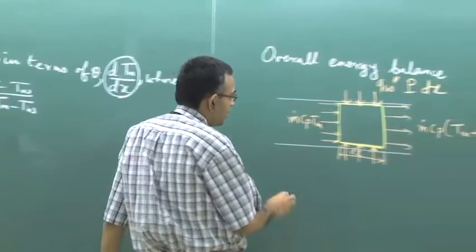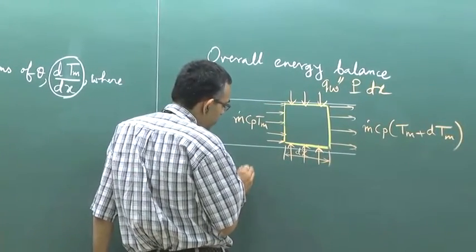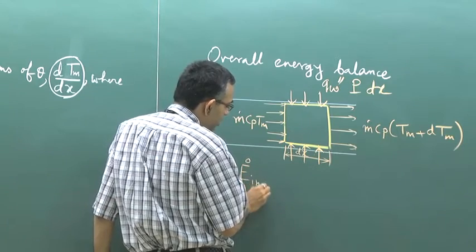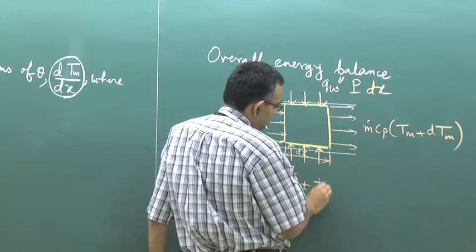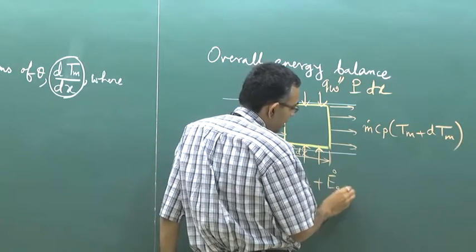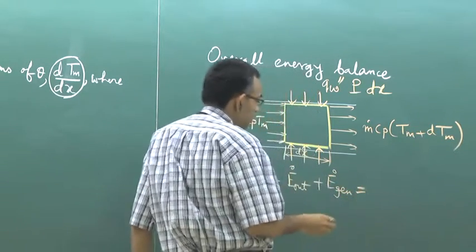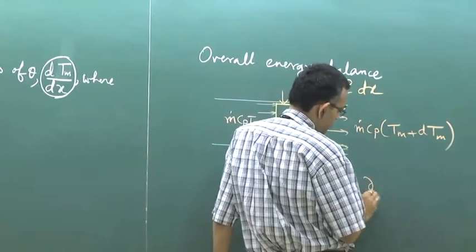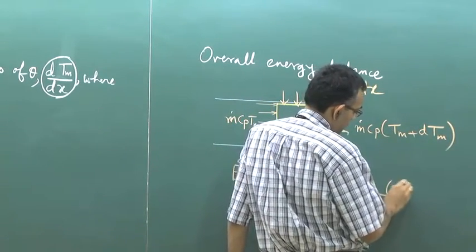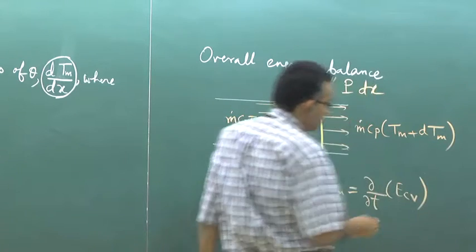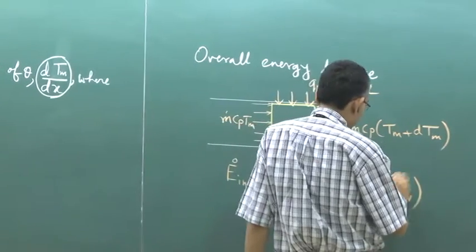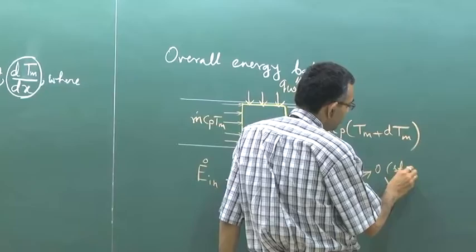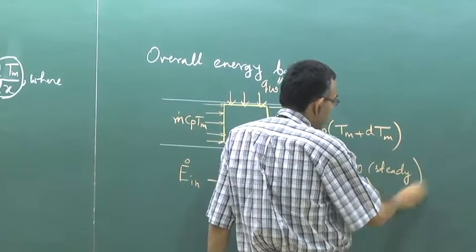So we can write for this control volume: rate of energy in minus rate of energy out plus rate of energy generated. This is 0 because it is steady flow and steady state.